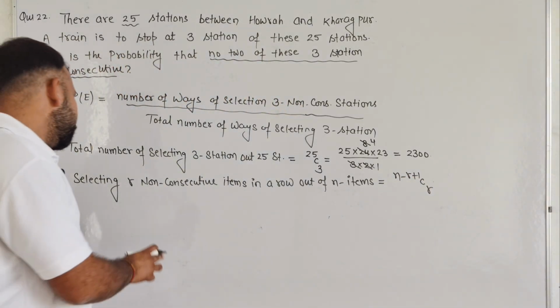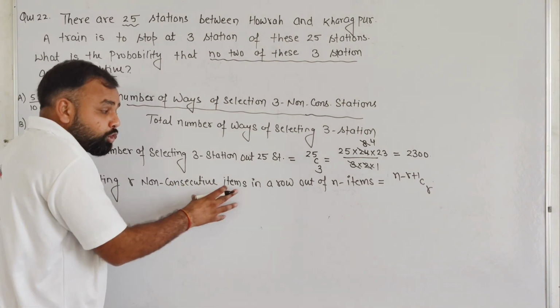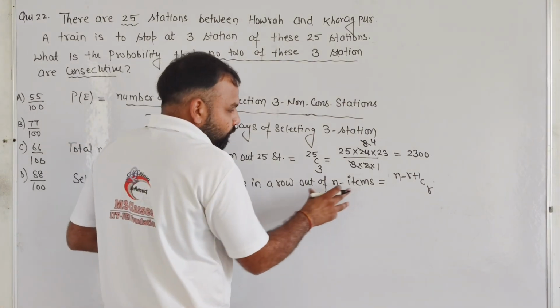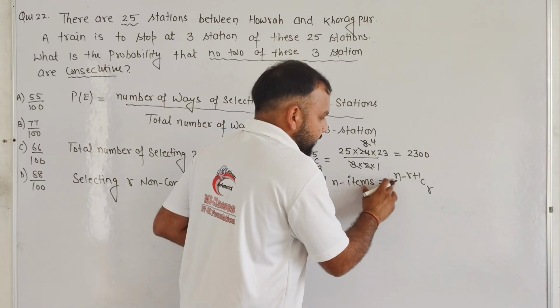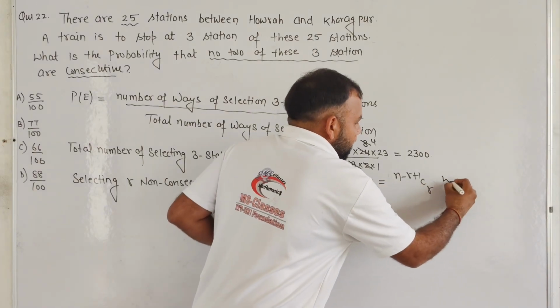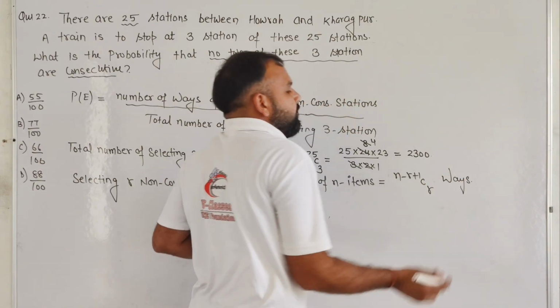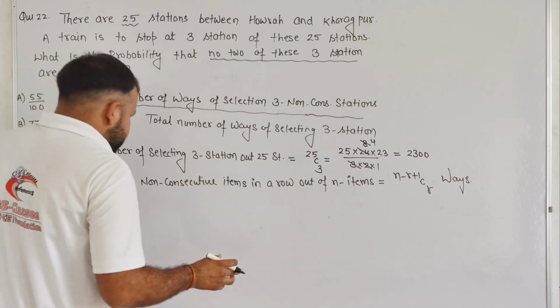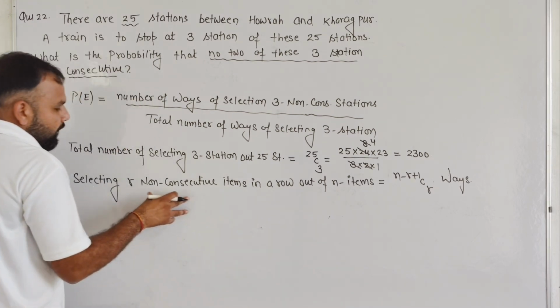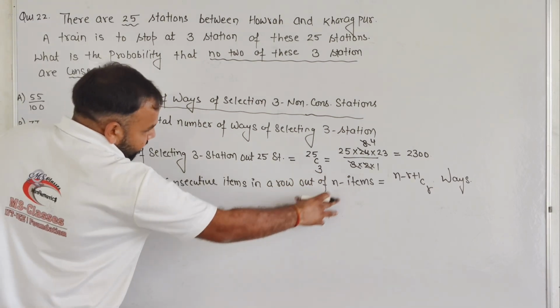Student, what is the formula? Selecting r non-consecutive items in a row out of n items is n minus r plus 1 C r ways. Basically, these are the non-consecutive ways.